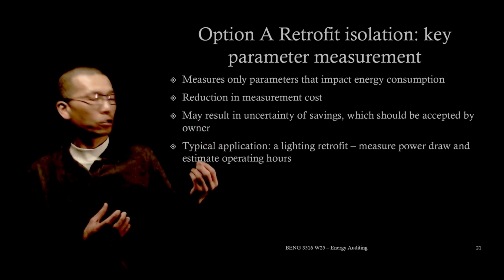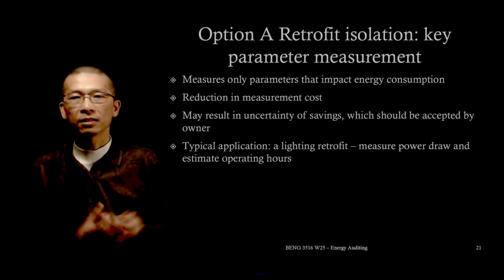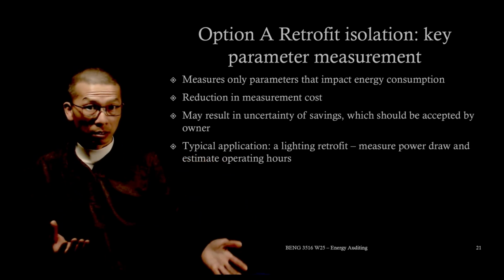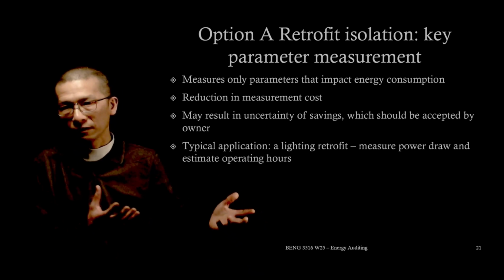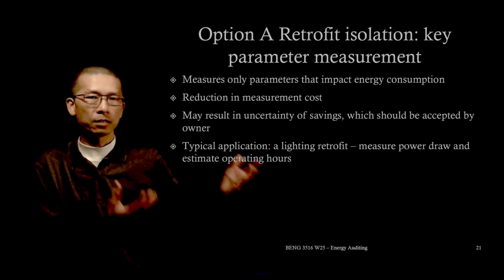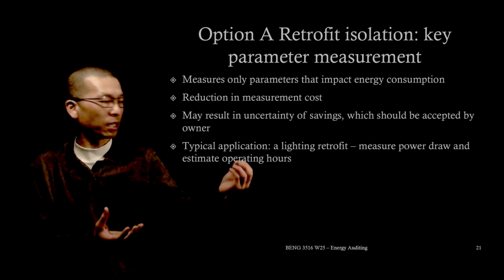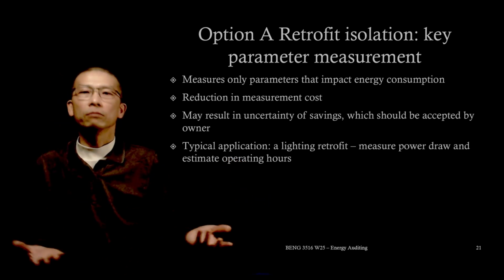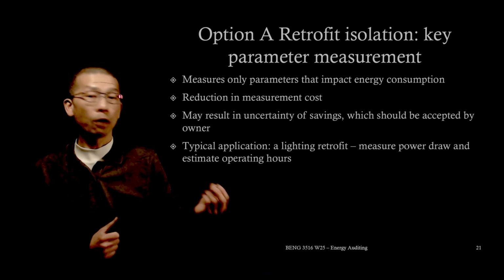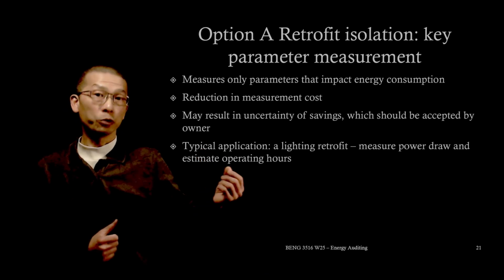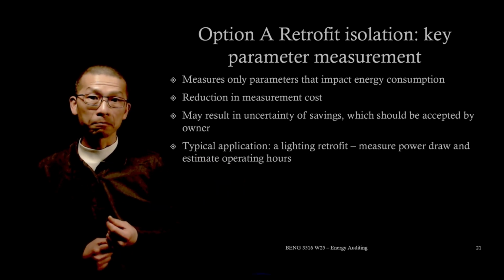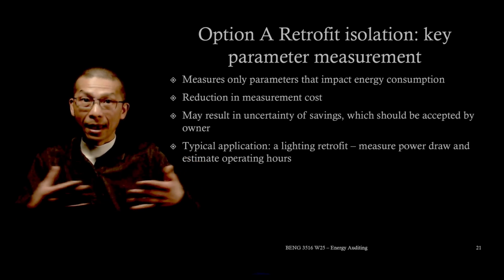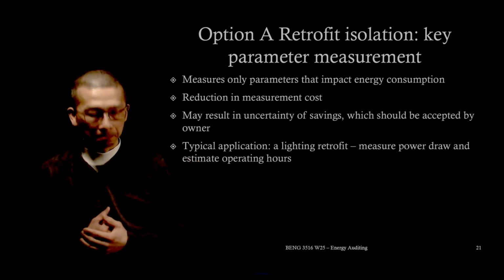The advantage here is the lower M&V cost, but it's good enough for specific ECMs with predictable performance. The disadvantage is that accuracy depends on how well the assumptions match the reality.